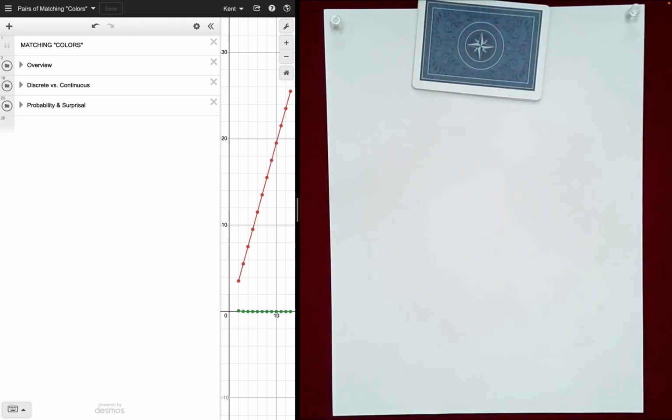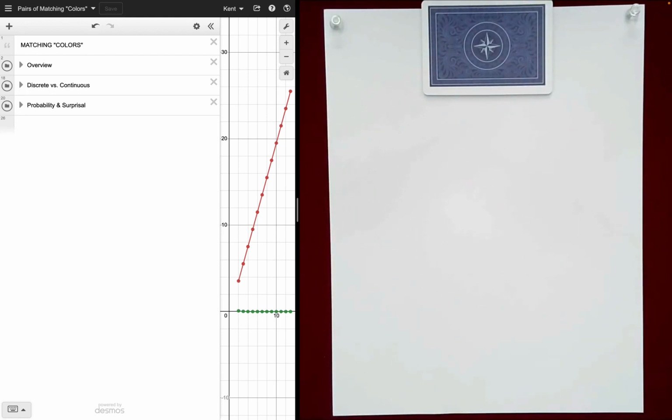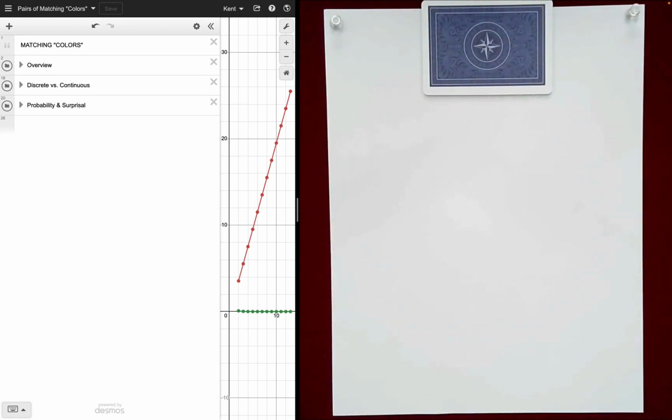Well, to figure that out, we have to first calculate the probability of finishing in the way that we did. What's the chance that that would happen just randomly? That's what we're looking at today: calculating the surprisal for any such performance where you have an equal number of red cards and black cards, and in the end, you match them up perfectly.